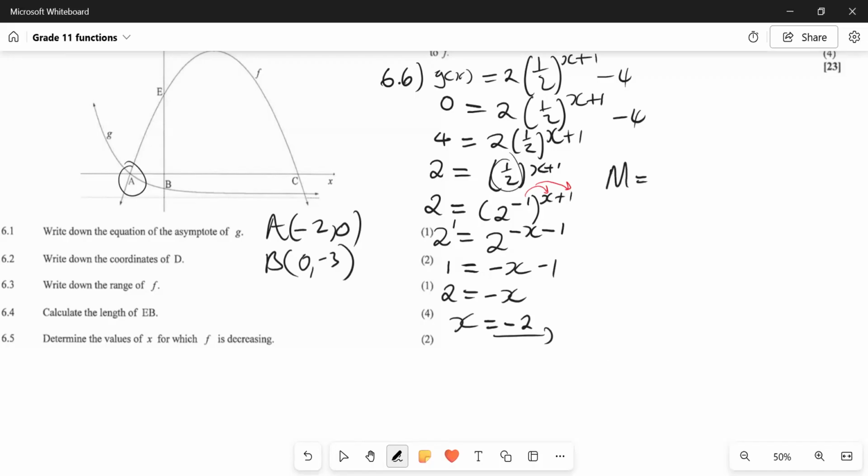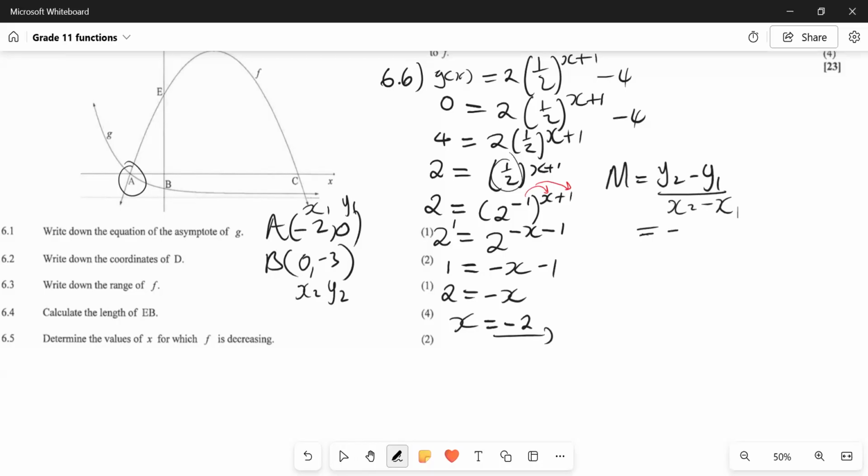M is equals to y2 minus y1 over x2 minus x1, equals to, this is our y2, x2, y1, x1.